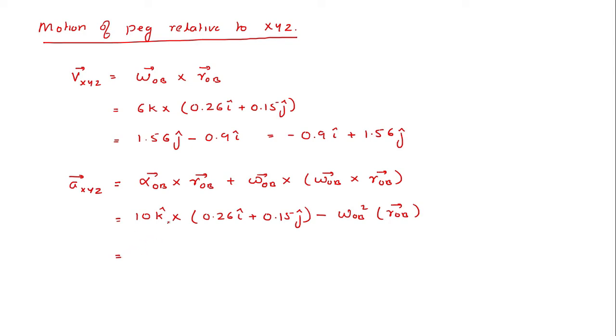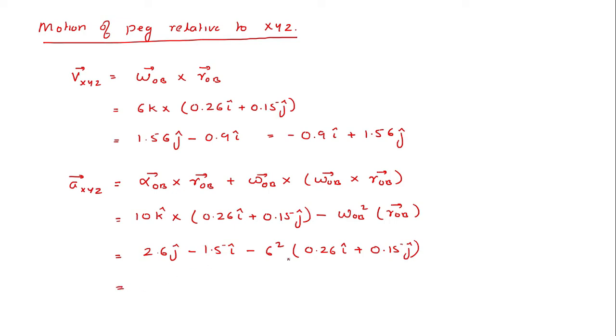So this multiplied, you will get k cross i, you will get j. So 2.6 into j cap, k cross j is minus i, so minus 1.5 into i cap, minus omega OB magnitude 6 square into 0.26 i cap plus 0.15 j cap.